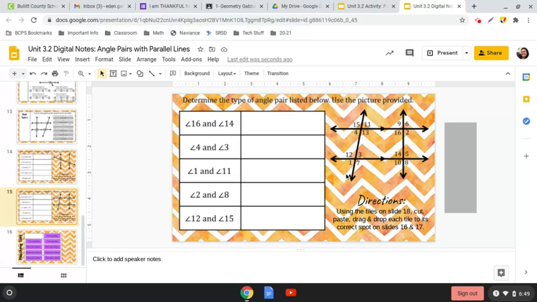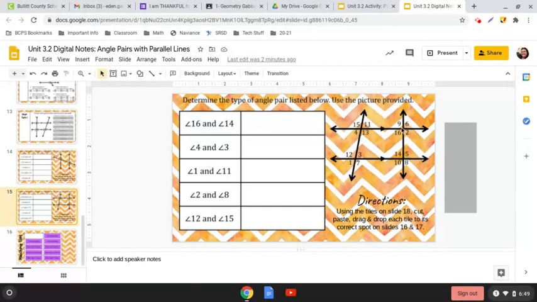On slide 15, we have two parallel lines, one here and one here, and these are horizontal, but we have two transversals, which are creating a top cluster and a bottom cluster, and a top cluster and a bottom cluster.